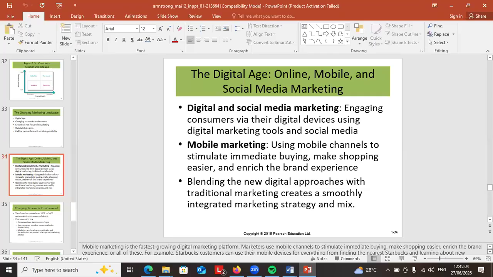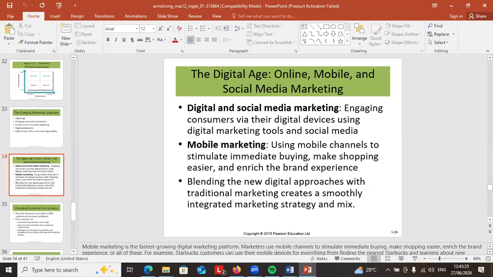Mobile marketing is the fastest growing digital marketing platform as I speak. This is because marketers use mobile channels to stimulate immediate buying, make shopping easier, enrich the brand experience, or all of these put together, right?